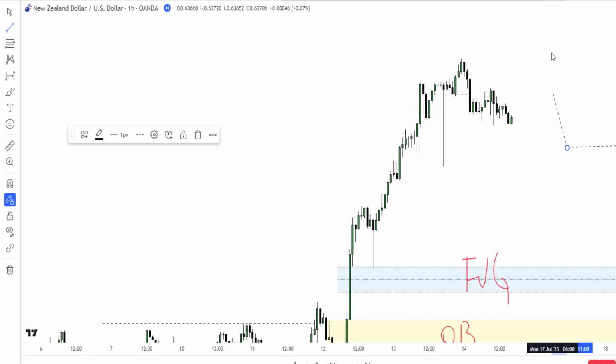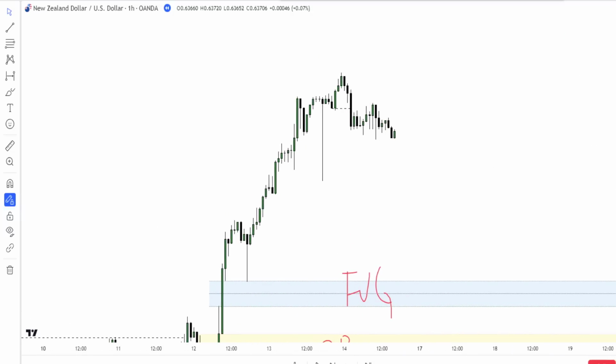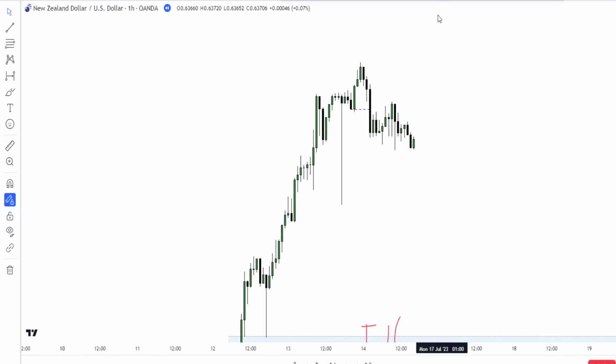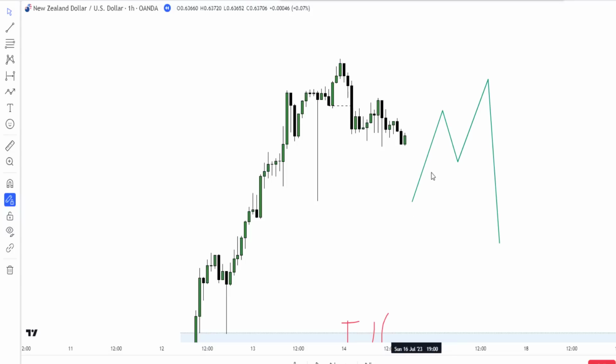Now, those of you who have been going through ICT concepts, what do we call this scenario? When we have price like this, boom. This is a scenario we call a breaker block, a bearish breaker block, where we have price right here.